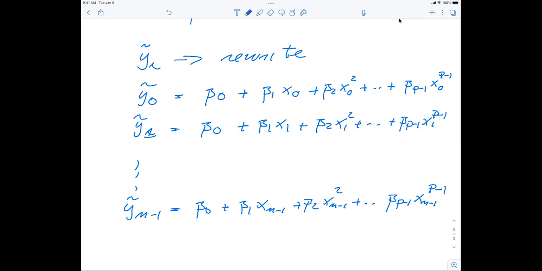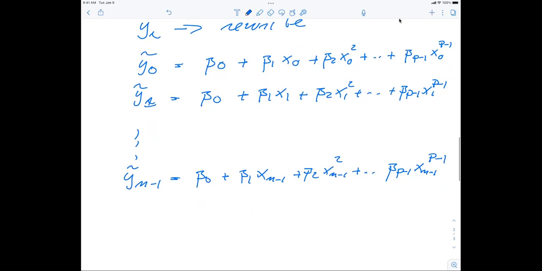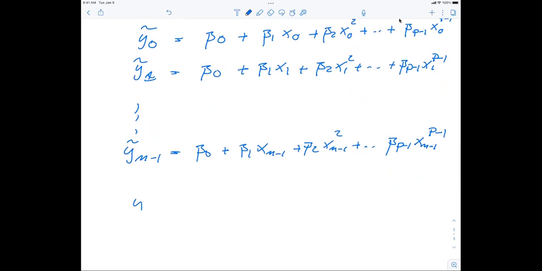And when you look at this now, you see that you can rewrite it in a more compact form. If we now define a vector y tilde transposed, which is equal to y0 tilde as components, y1 up to y n minus 1.